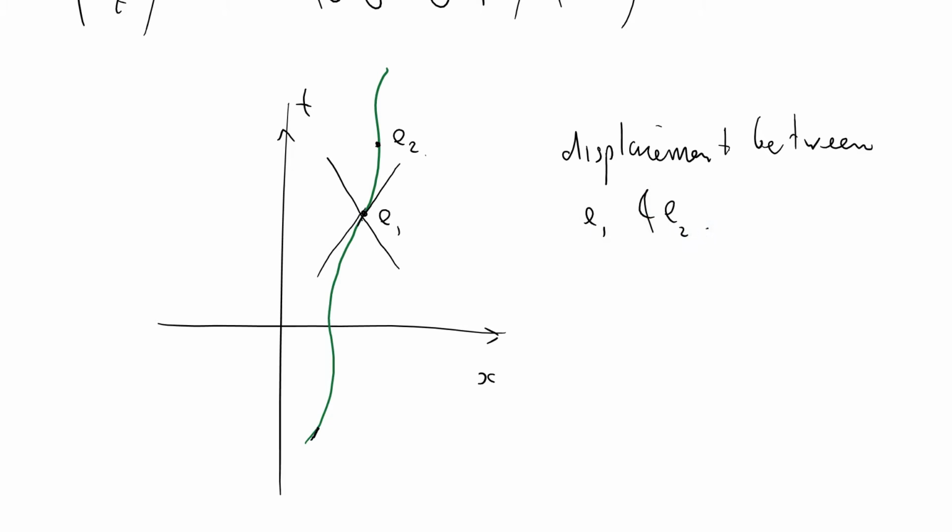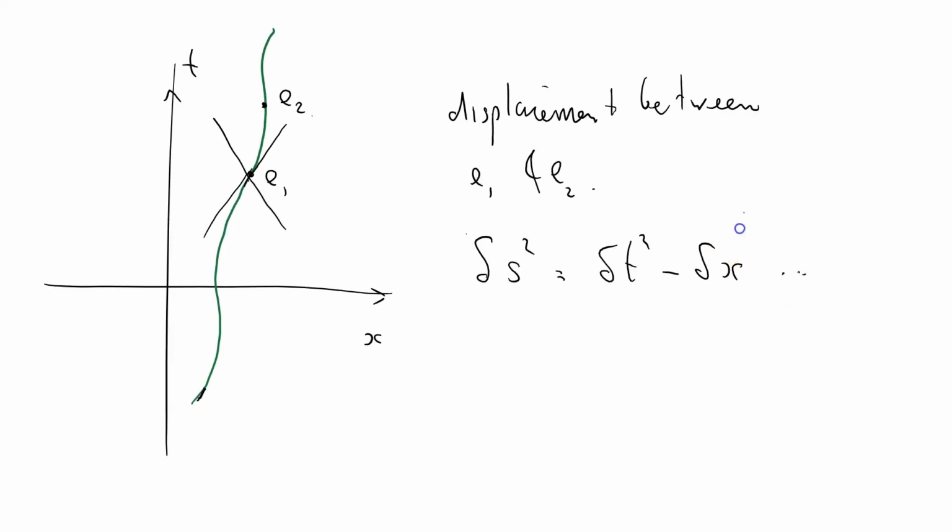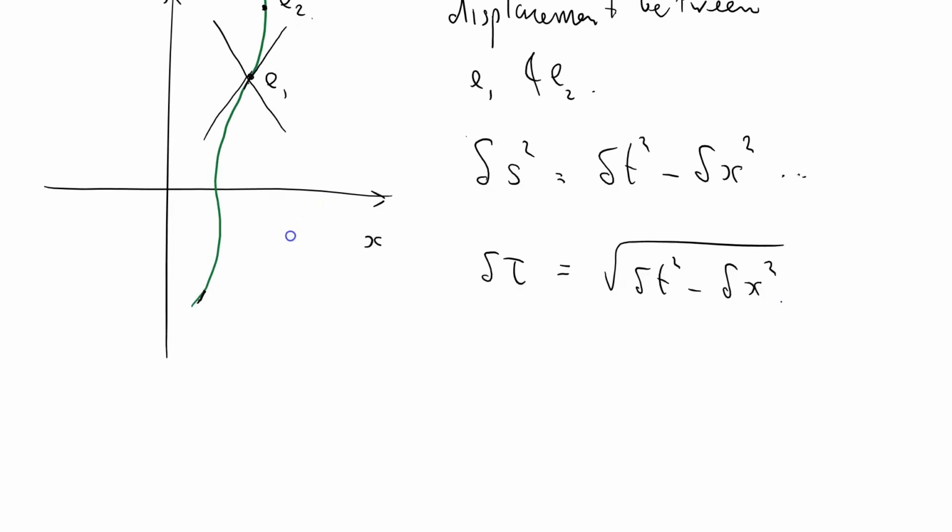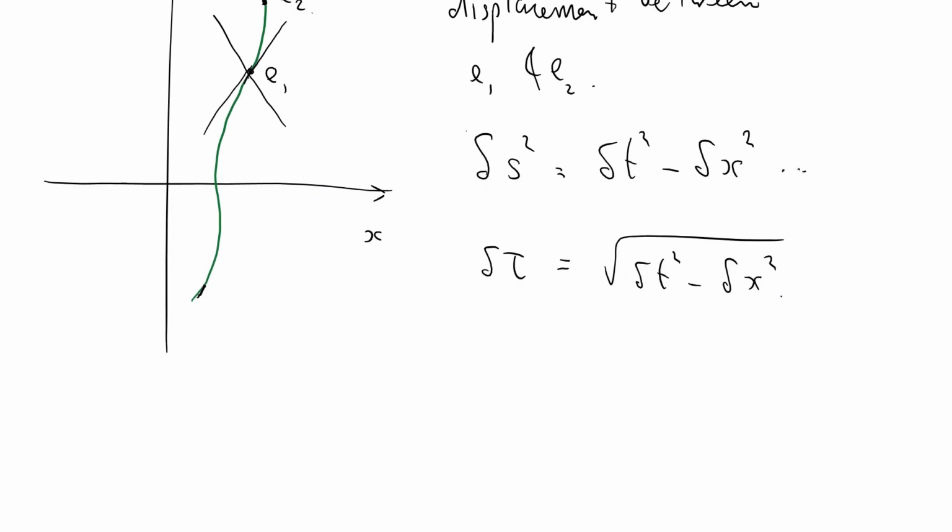So I'll call it a delta. That's a delta s squared, which is delta t squared minus delta x squared, and possibly other spatial terms if I had a y and a z term. And so of course we may as well say that delta tau equals the square root of delta t squared minus delta x squared.